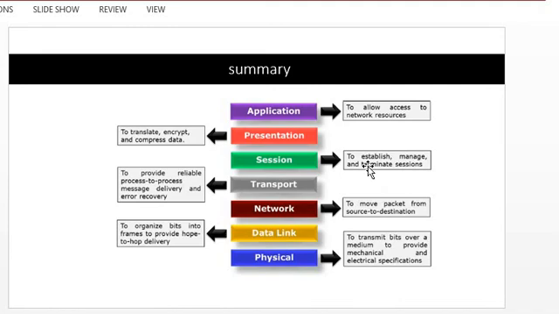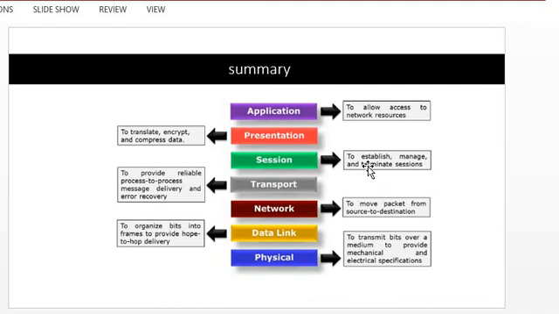So this data being transported over the communication link has to move from source to the destination. Even if it's transmitted, it may lose its format along the transmission.